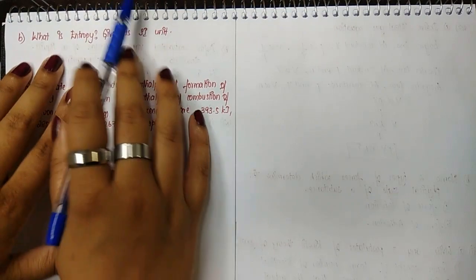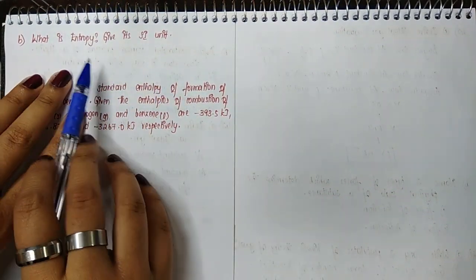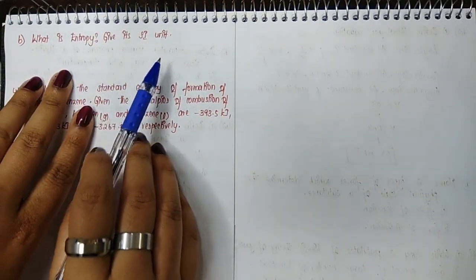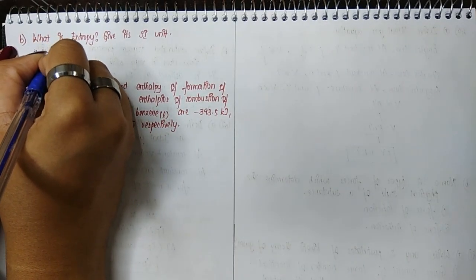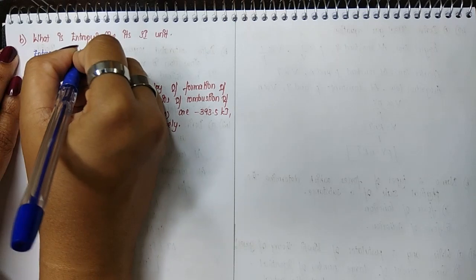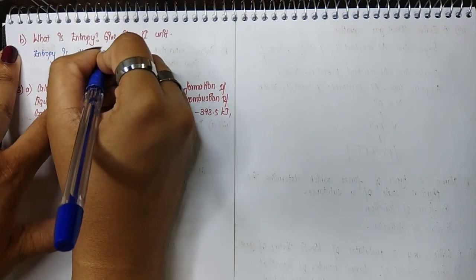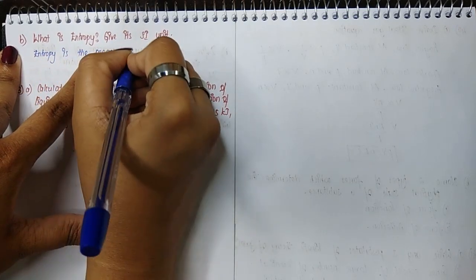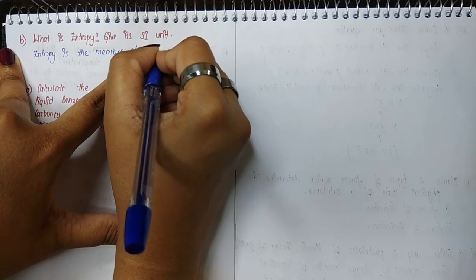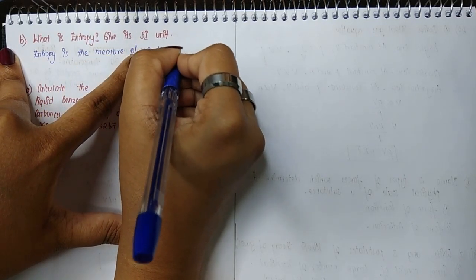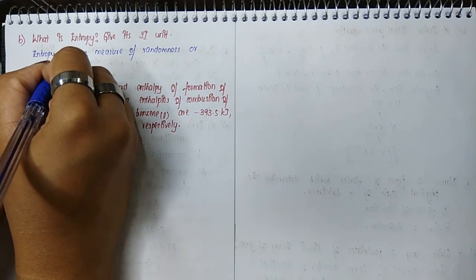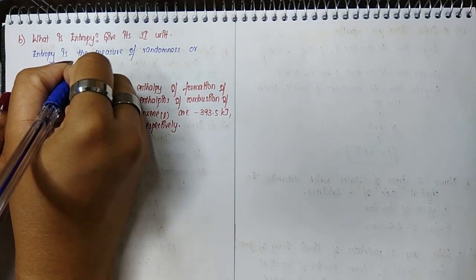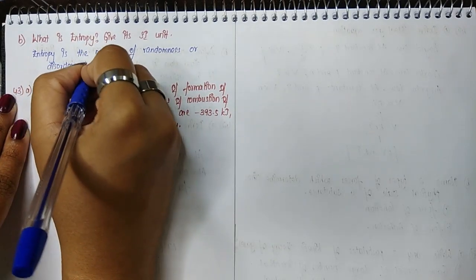Now the next question is B part, 2 marker, what is entropy and give its SI unit. So definition, entropy is the measure of randomness or disorderness of a system.